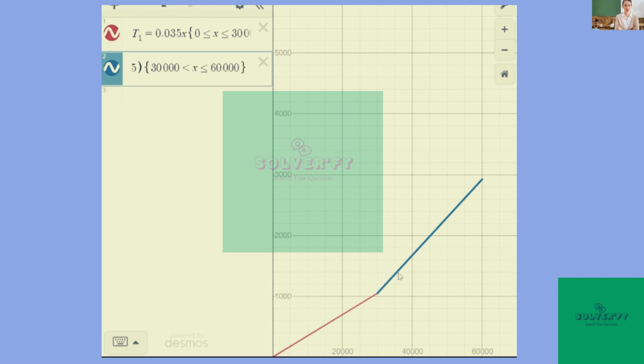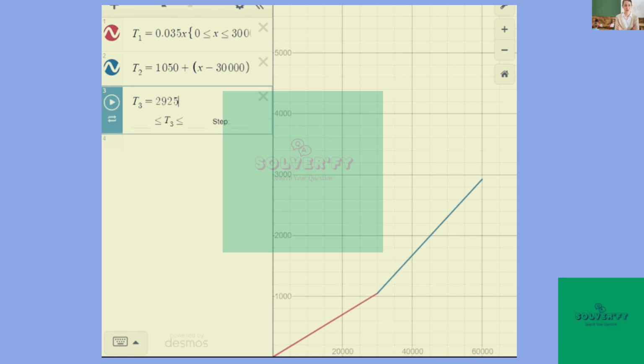So the highest tax that a married couple filing jointly pays, if their taxable income is 60,000, is 2,925, which is again very important because that is the initial amount we are going to be coming off from in the third category, $2,925.